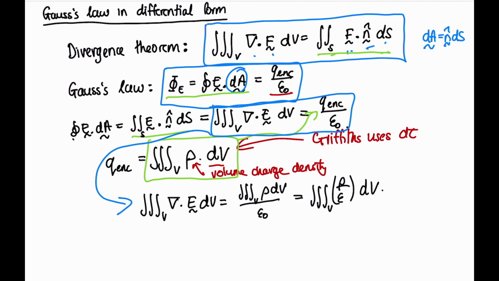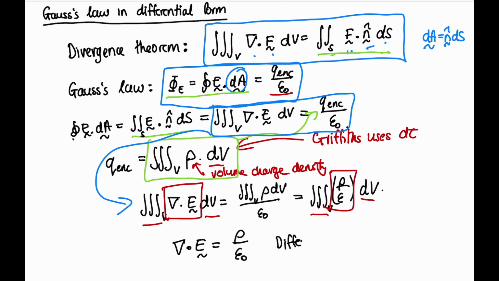And so hopefully from that, you can see that because these are both volume integrals, this thing here must be the same as this thing here. So this means that I can write Gauss's law in vector notation as the divergence of the electric field is equal to the charge density divided by epsilon naught, which is the permittivity of free space. So this is the differential form of Gauss's law.